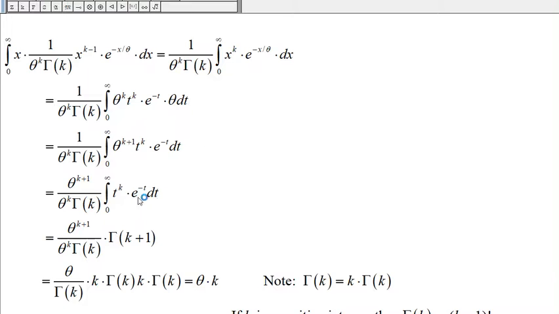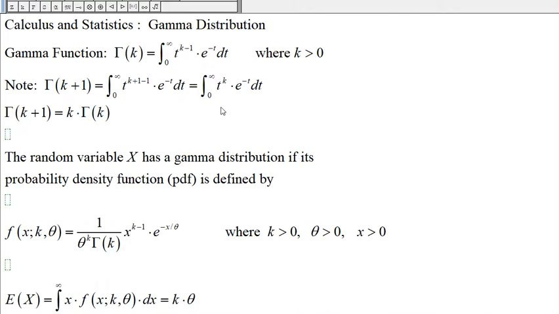As mentioned earlier, the integral from 0 to infinity with the integrand t to the k times e to the negative t is gamma of k plus 1. Gamma of k is t to the k minus 1 times e to the negative t.